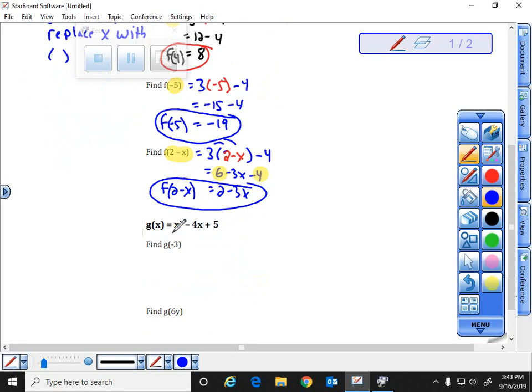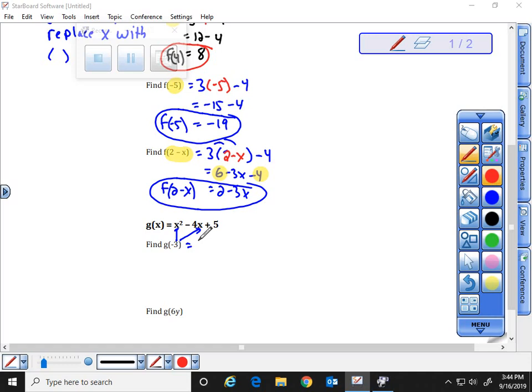Now there might be a different equation. Let's say this one, g of x is x squared minus 4x plus 5. I'm going to put negative 3 into x. One thing you have to make sure of is that anytime you put in a negative number, we will always put it in parentheses to eliminate the possibility of squaring a negative.